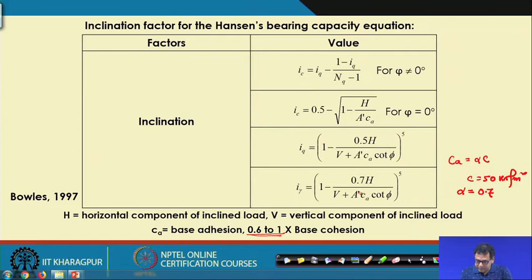Another thing is that here we have to use the effective area, that is A dash. So, in Hansen's approach, for the inclination factor we are using the effective dimension, for the shape factor we are using the effective dimension, but for the depth factor we are not using the effective dimension, we are using the original dimension.